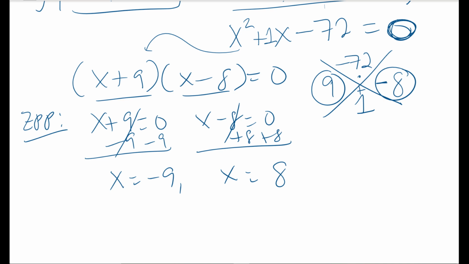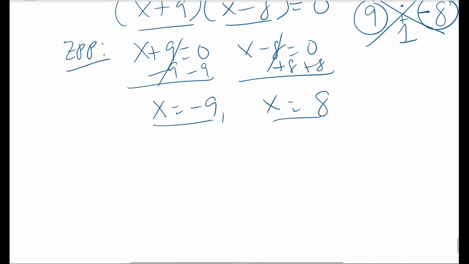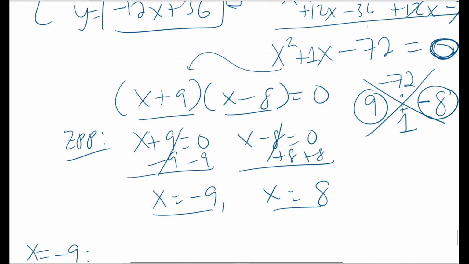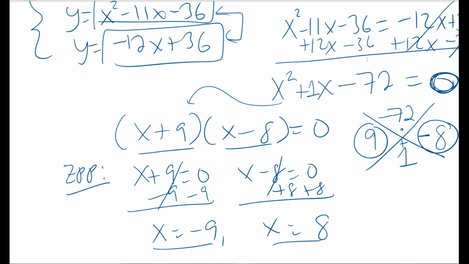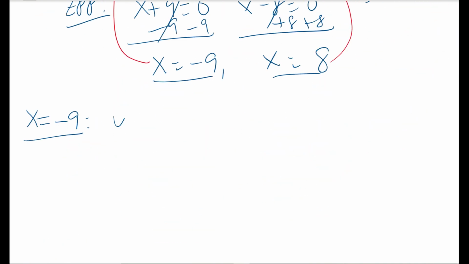So we need to plug these into the original. So let's plug in x equals negative 9 first into the original, into any of these equations, really. But since this is easier, let's plug it into this one, okay? Same thing for the other, we'll plug it in later into the bottom equation. So we have y equals negative 12x, which is now negative 9, plus 36.